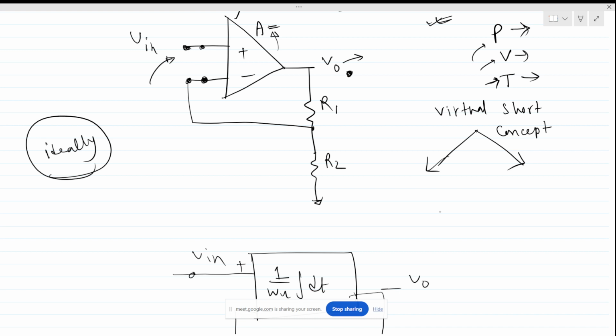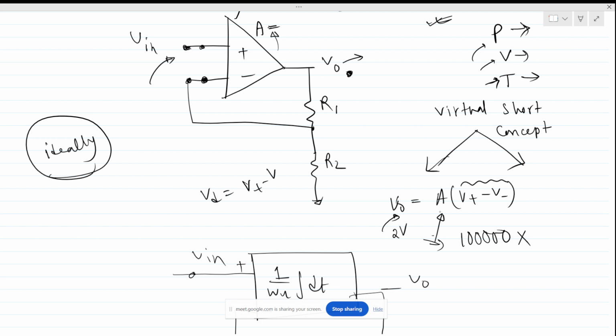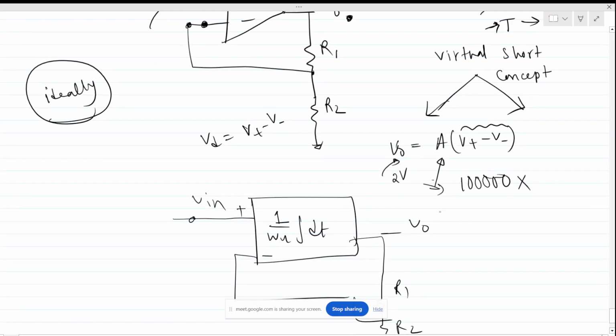Now let's say this V out is finite, equal to A times (V plus minus V minus). Let's say it is 2 volts, and our A is very large. Now what do you think this voltage can be? The VD is nothing but V plus minus V minus, so this will be closer to zero.